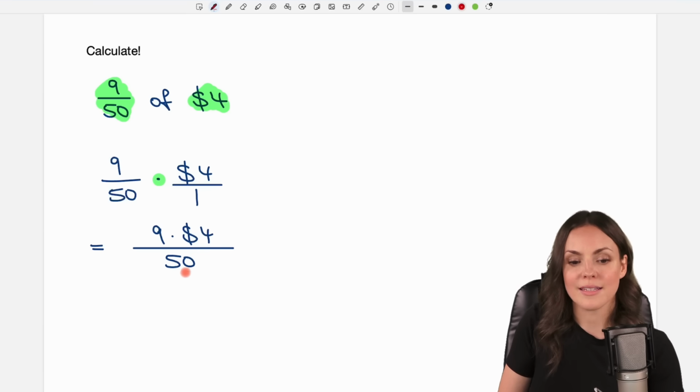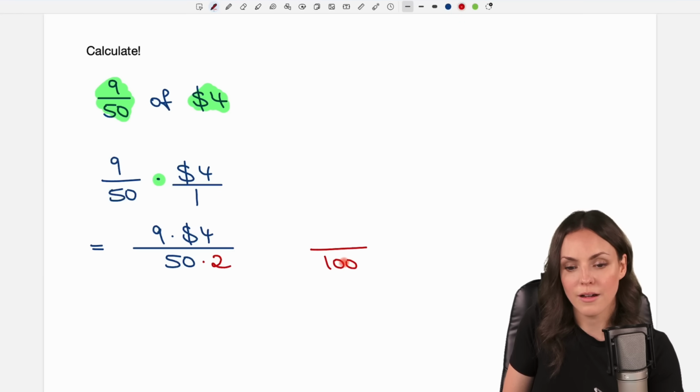And if we make this number larger, for example, by multiplying it by 2, so that we have 100 in the denominator, then this might actually be easier to calculate, because to divide something by 100 is pretty easy.